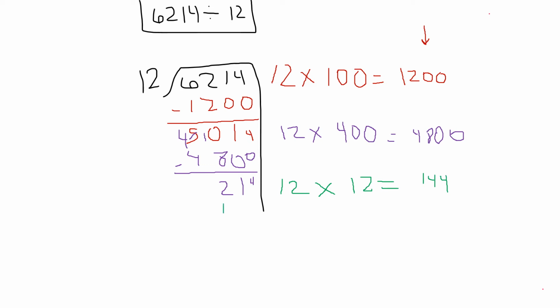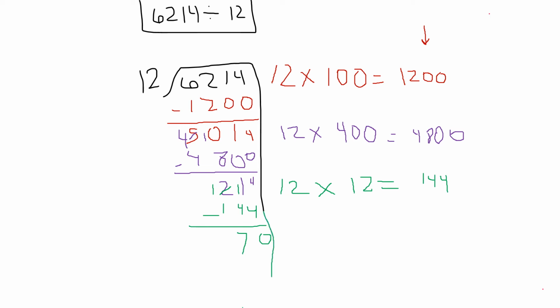So I subtract it from 214, and I get 0. I need to borrow from the 2. Then the 11 subtract 4 gives me 7. So I'm getting smaller. Just extend that line down there.